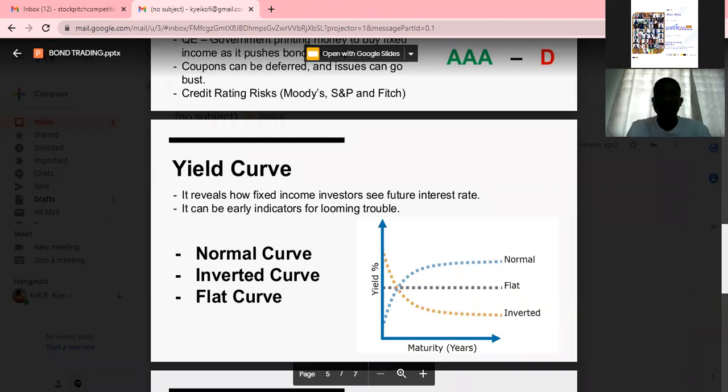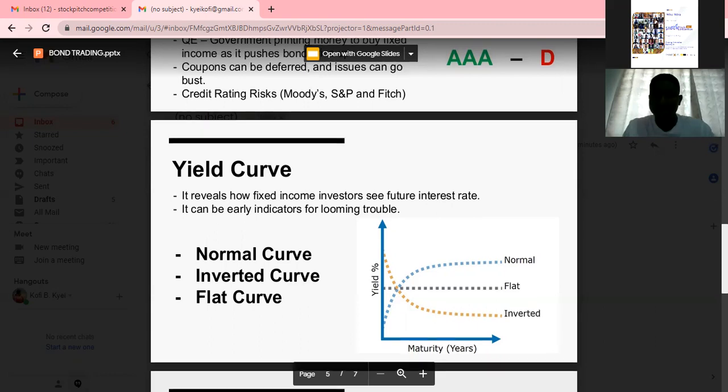Interest rates are high, so they will expect to get higher yield for investing in it. But when there are news or projections that interest rates will be going down, you tend to see the longer-term securities yielding lower. That's what brings about an inverted curve.